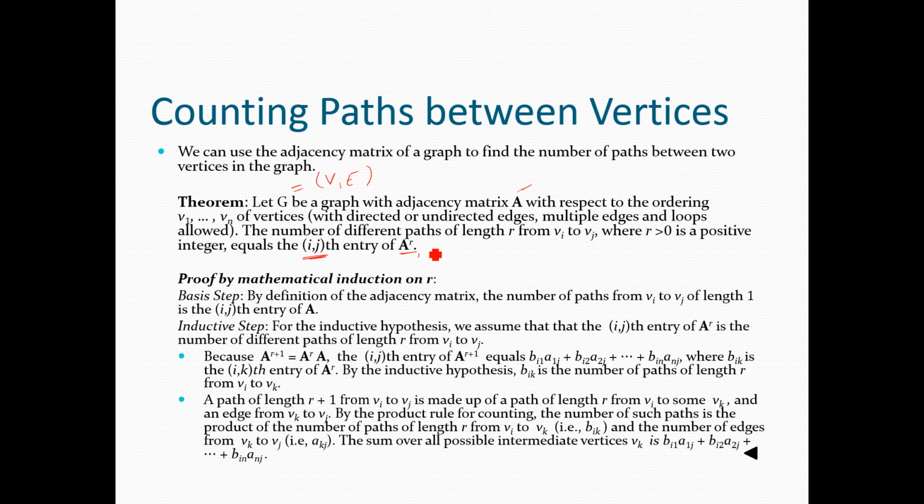This is simple arithmetic. And we are not going through this proof. You can read it yourself because we are more interested in the application of this. So let's have a look at an example to understand it better.